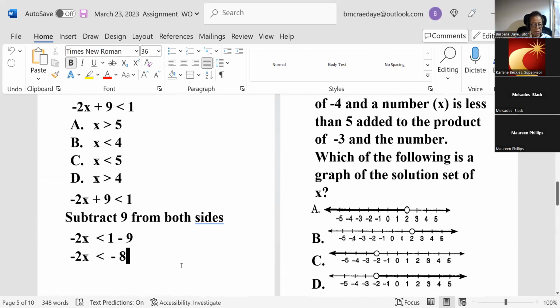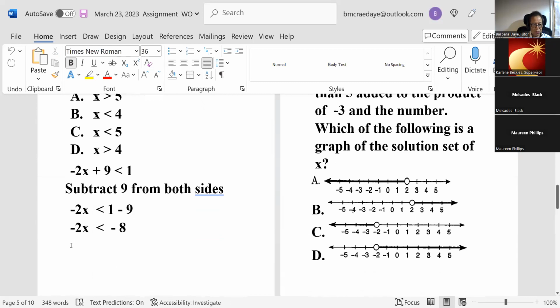So what do you do now? You got -2x less than -8. So what do you do? Divide by -2. Divide both sides by -2.